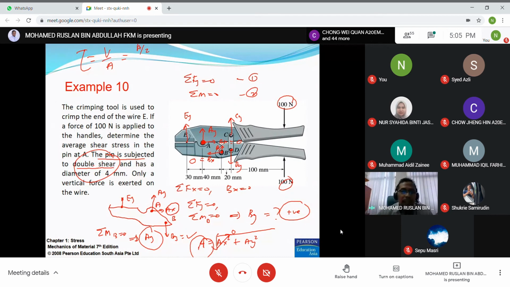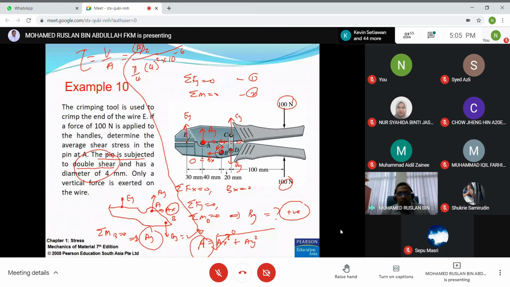Why? Because it's double shear, divided by the area. Area equal to pi over 4, 4 squared, times 10 to the minus 6. So from here you can determine the double shear. This A comes from here.